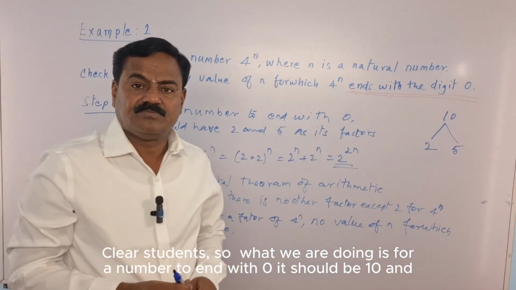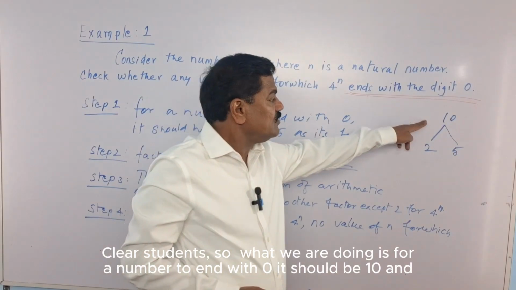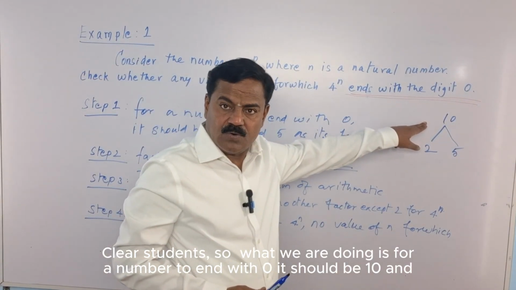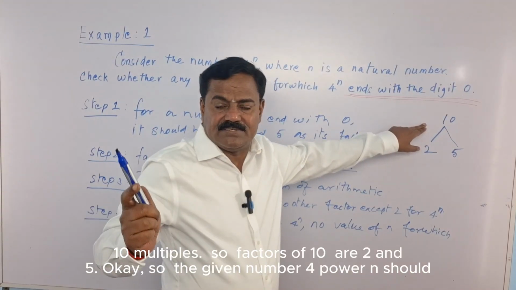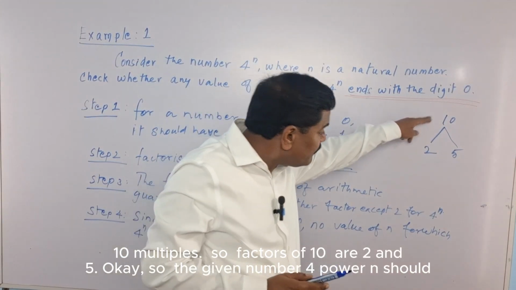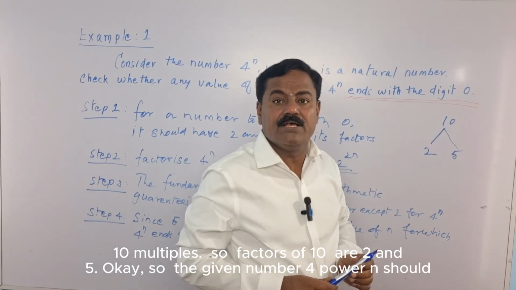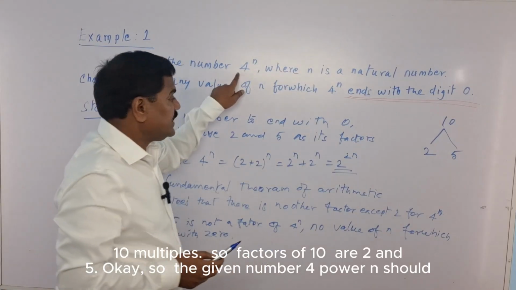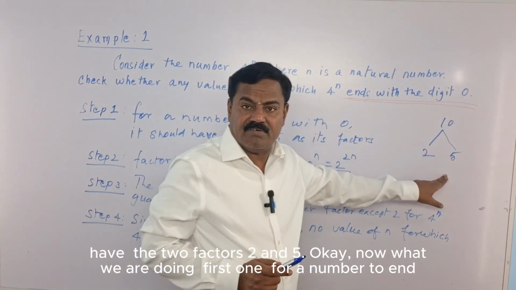Clear, students? So what we are doing is, for a number to end with 0, it should be 10 or a multiple of 10. The factors of 10 are 2 and 5, so the given number 4 power n should have the two factors 2 and 5.